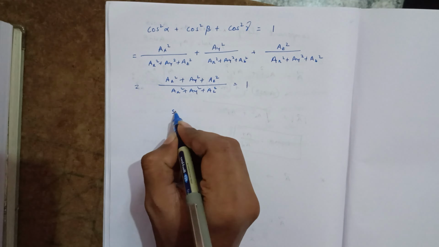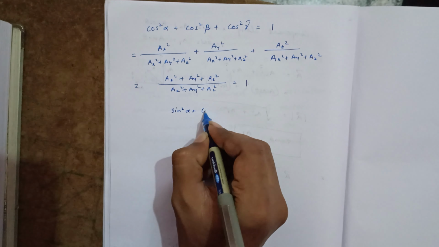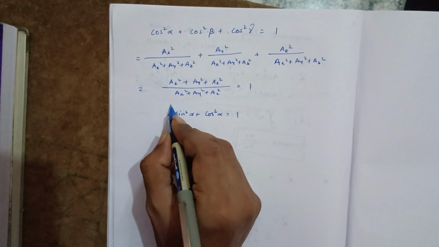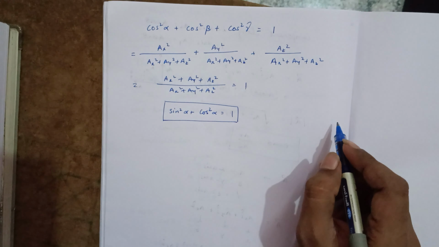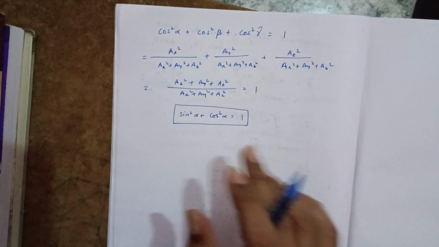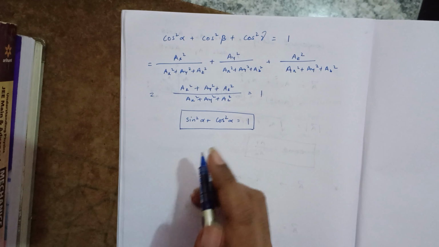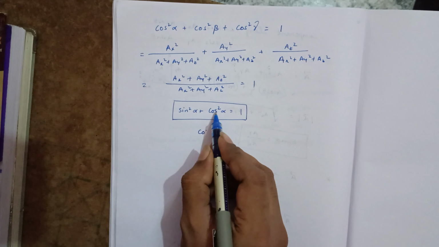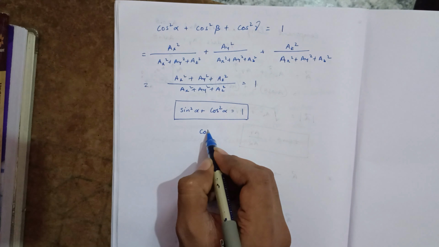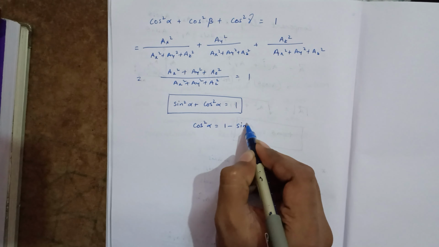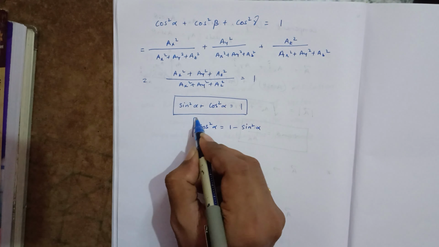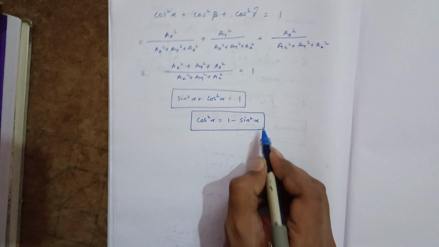From this cos square alpha, we know the relation sin square theta plus cos square theta equal to 1. Instead of theta I have taken alpha; you can take beta or gamma also. So cos square alpha equals 1 minus sin square alpha.